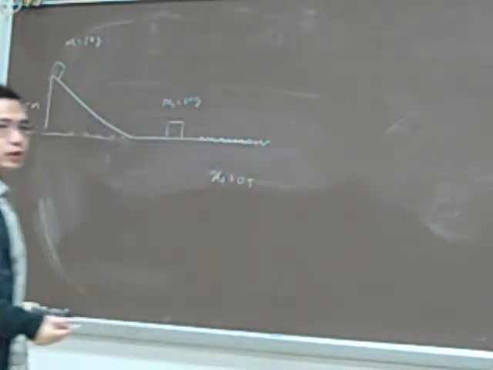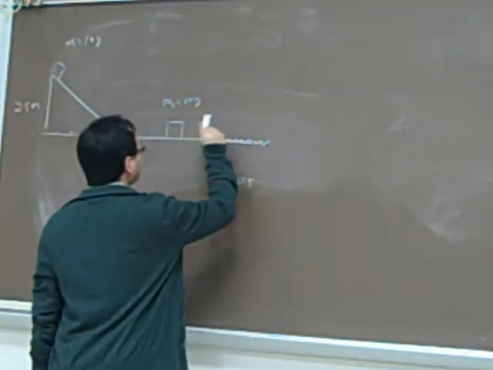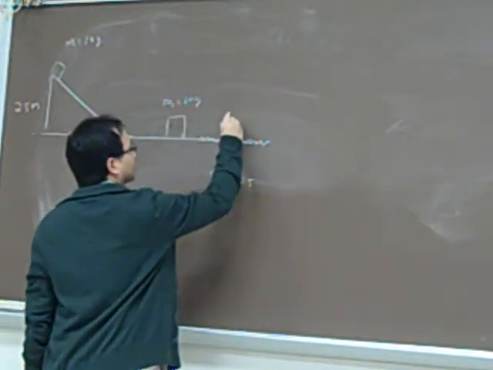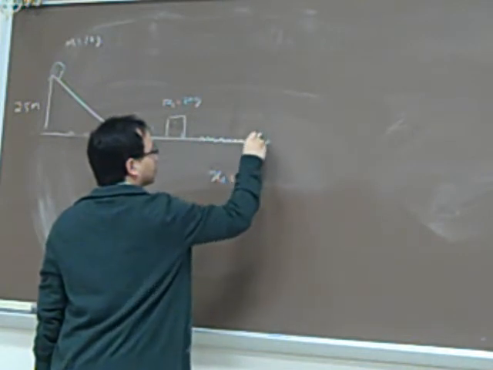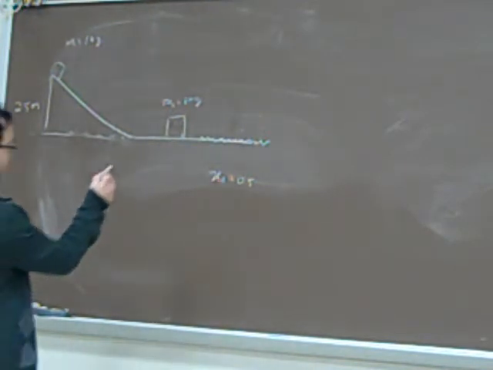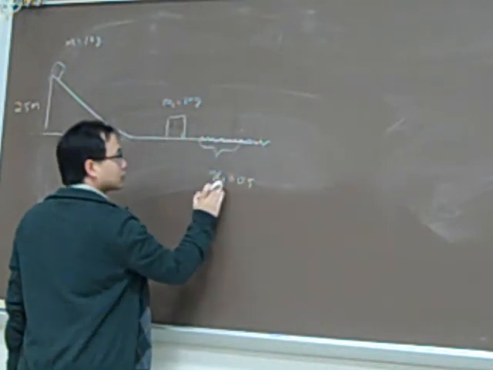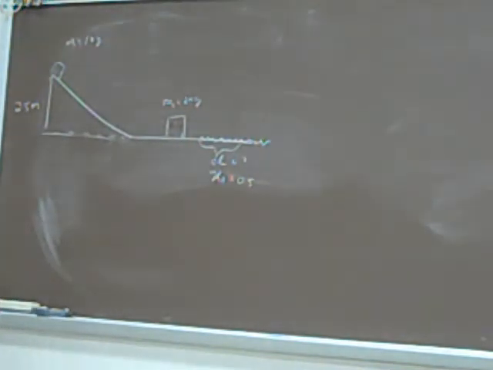Due to the frictional force, the block 2 will finally stop, okay? And the stop distance in this problem is the quantity we want to find. Okay.